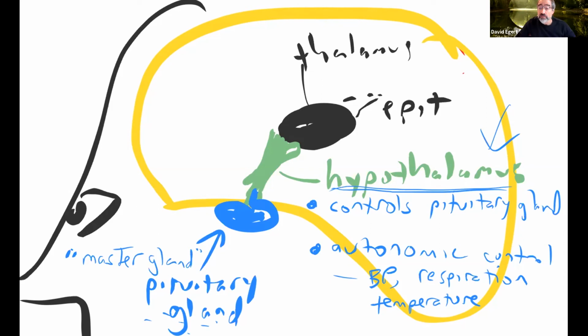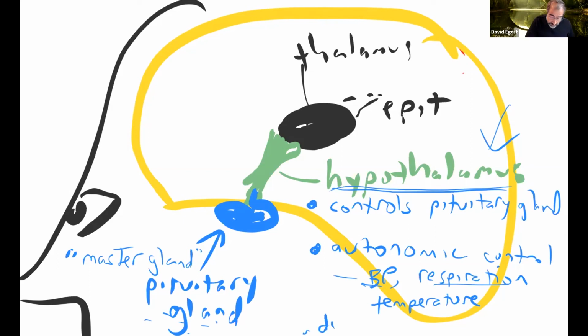When we talk about fever later, when we get to the immune system, it's basically molecules that go and talk to the hypothalamus and reset your basic thermostat. When we get down into the brainstem, we'll see there are places that control blood pressure and respiration in a more direct way, but the hypothalamus is more the big picture of modulating all that activity.